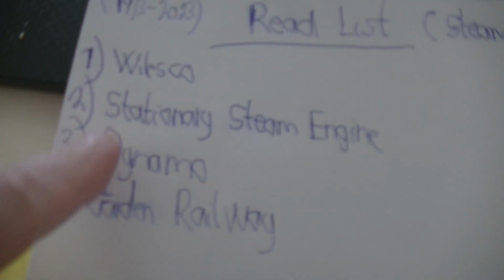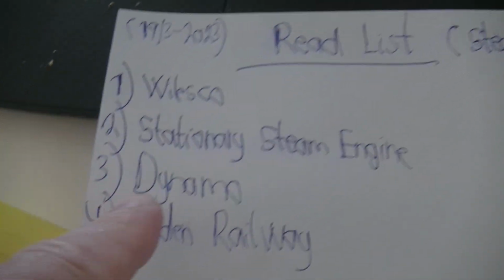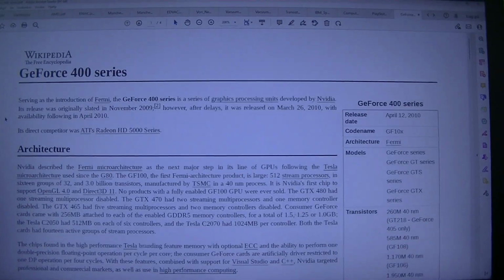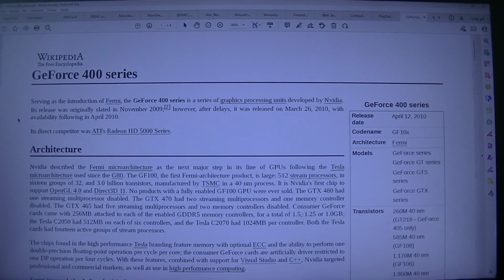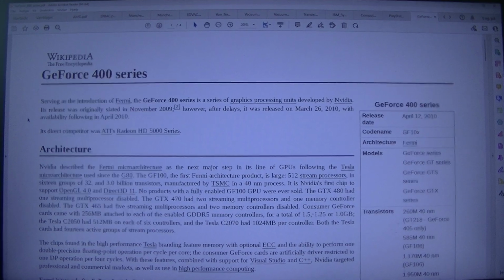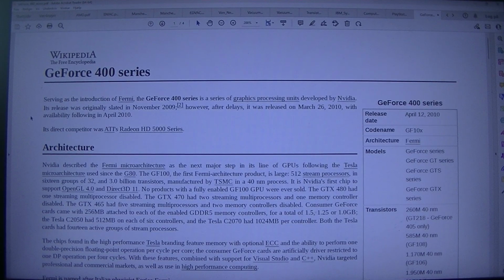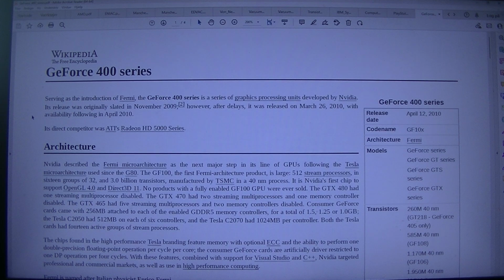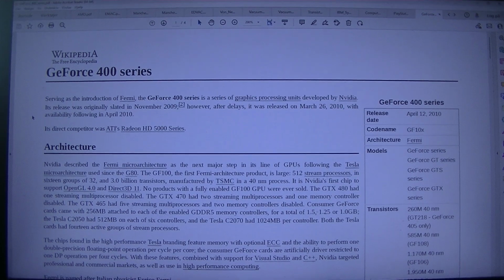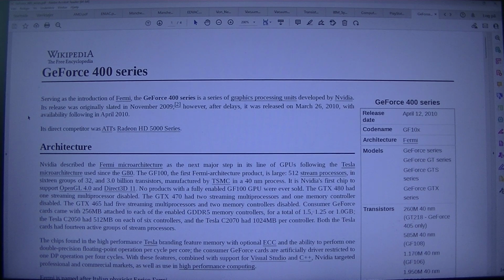And then after this I will read this Riesco and dynamo, I think. I'll look at that when I'm finished. No, I don't do this just to record a video.